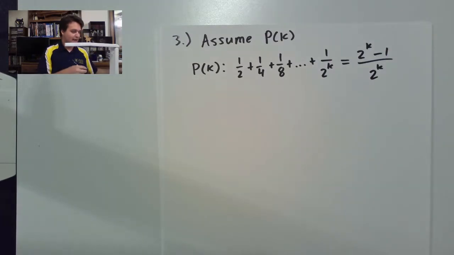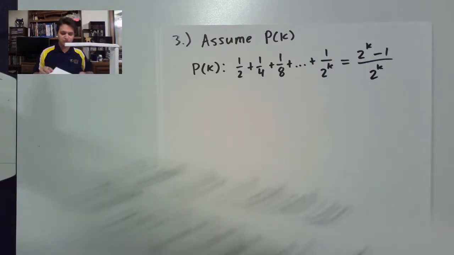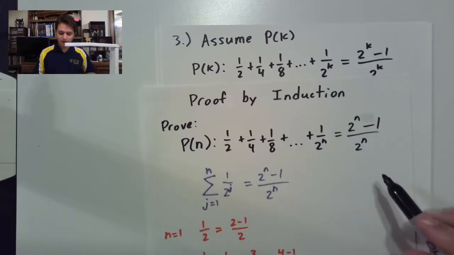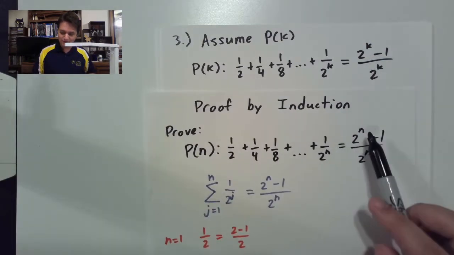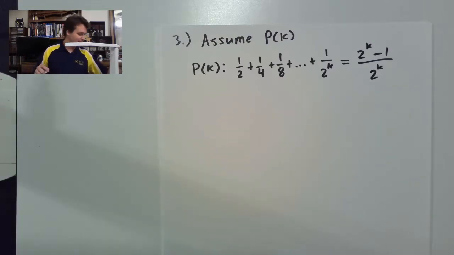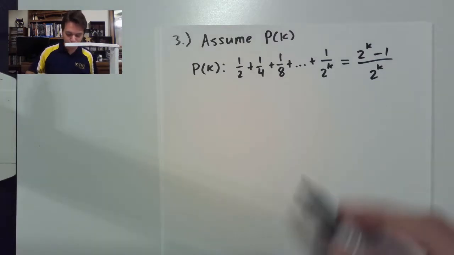Going back to the original problem, I've just plugged in a value of k everywhere I saw an n. We are making an assumption that this is true.